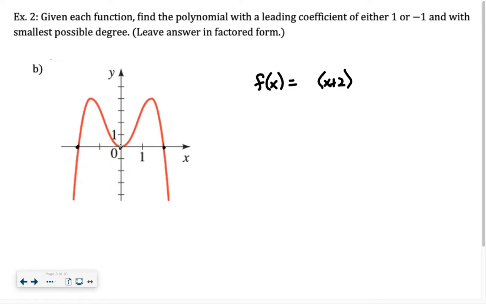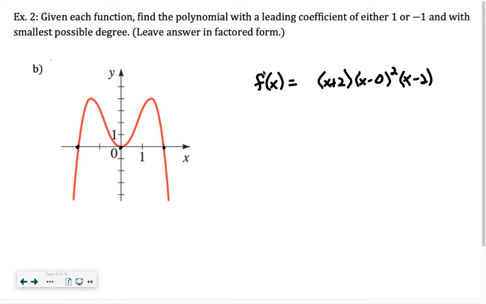My next 0 is at 0, so just for the sake of being consistent here, I'll write it as x minus 0. And the graph just touches there, so even multiplicity. And then finally, I will have x minus 2, and that is an odd multiplicity. So the exponent is 1.